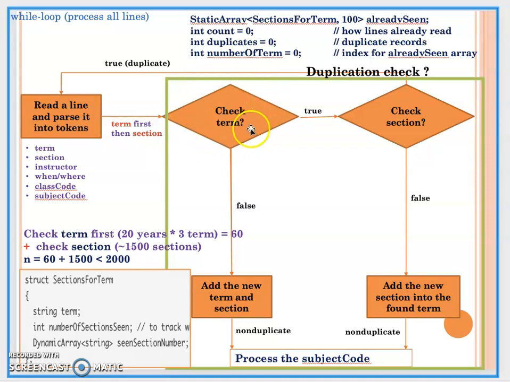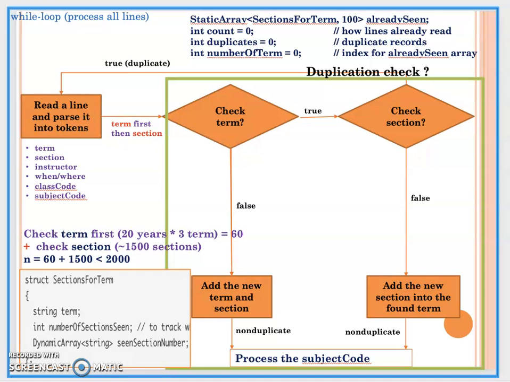The two conditions actually came from here. When you check the term in the for loop, you have two situations. If the term is found, true, that means we break from the for loop, then we continue to check the section. But if we check the term and never find it, then we leave the for loop, meaning the for loop reached the end.